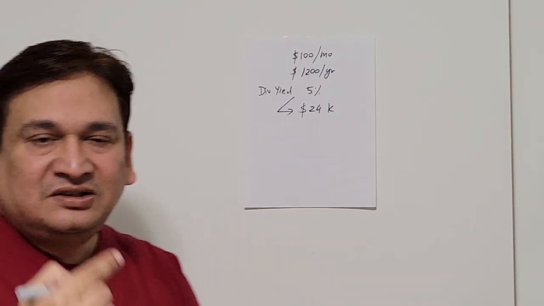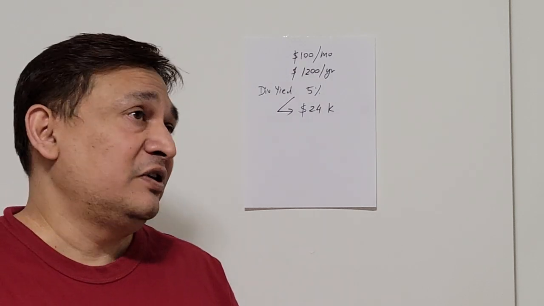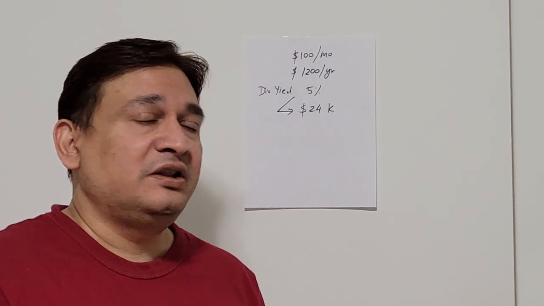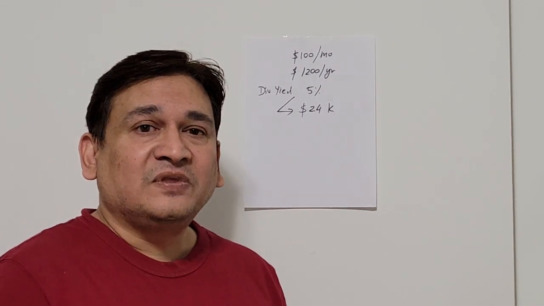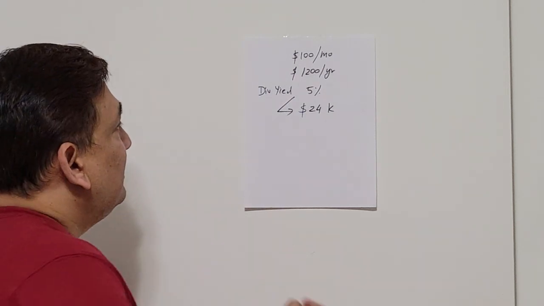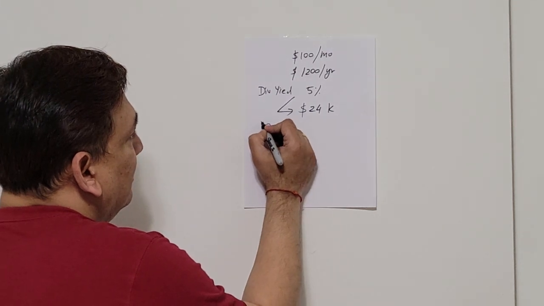Okay, now let's change the scenario. Let's say you invest in something that provides double-digit yields, for example, income funds or covered call funds or other types of leveraged income funds. You might get a higher yield. So let's say you invest in something that provides you 10% yield.